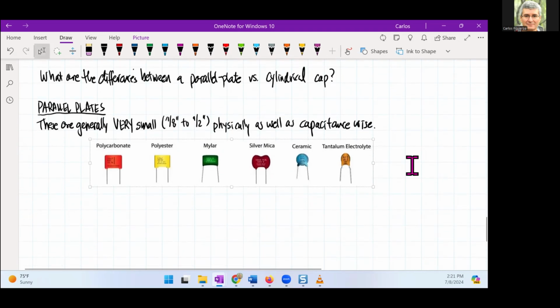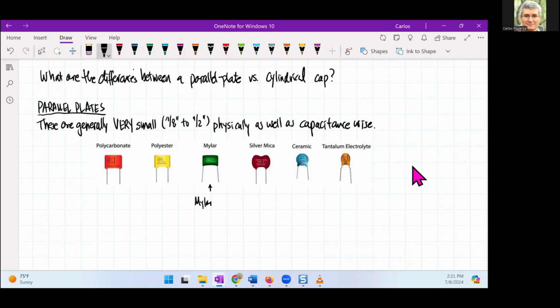A capacitor that has mylar just means that mylar caps use mylar as the plate separator, in other words, the dielectric.